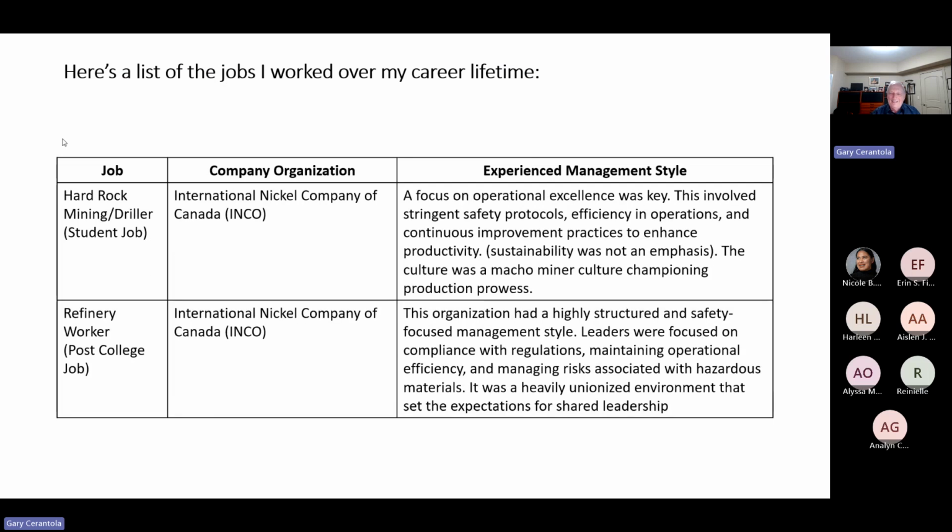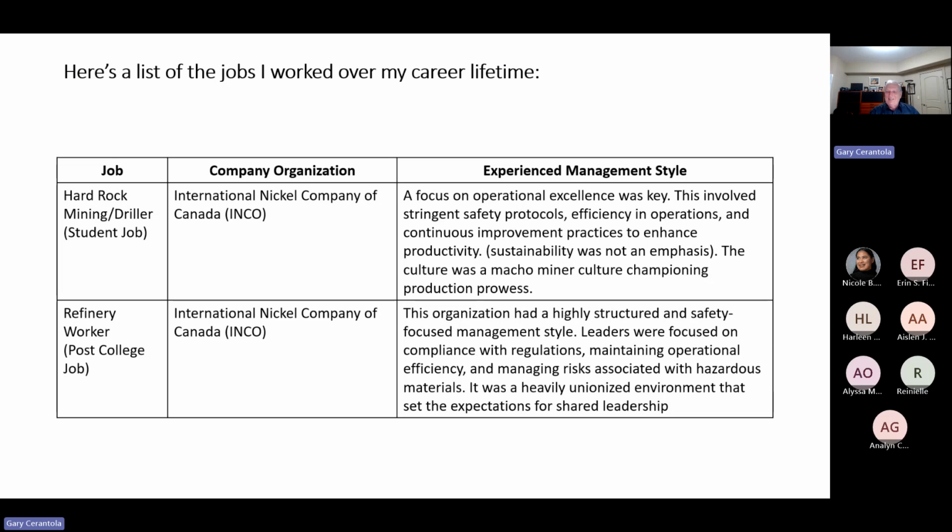All right. Then I worked underground. I was a hard rock miner, and I ran what they call a Wills rig. What Inco stressed was operational excellence. So here we're back down to Frederick Taylor and the efficiency and effectiveness, which is still worked on today.